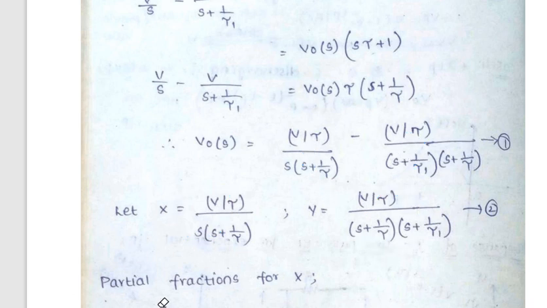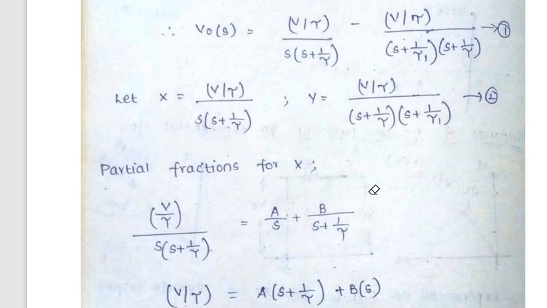X is V by tau whole by s into s plus 1 by tau, where y is equal to V by tau whole by s plus 1 by tau into s plus 1 by tau 1. Initially calculate the partial fractions for x, next calculate them for y.